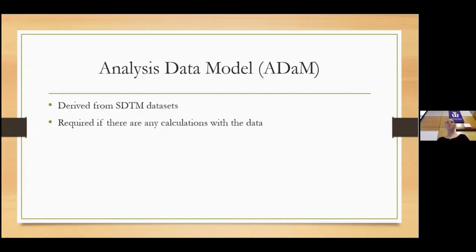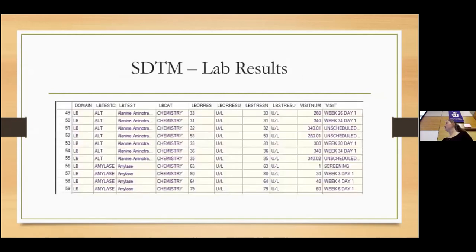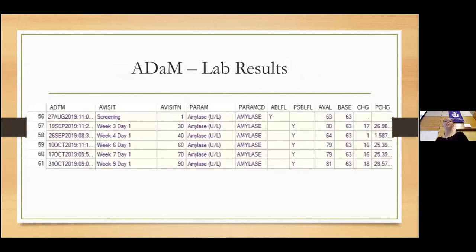So here's just a little look at an SDTM lab results data frame. This is for different chemistry listings, and here are the lab measurements. So that's just a look at it. And then here is the corresponding ADaM data set, so the analysis data set for the lab results. This is just for one participant. So here, that's a flag.